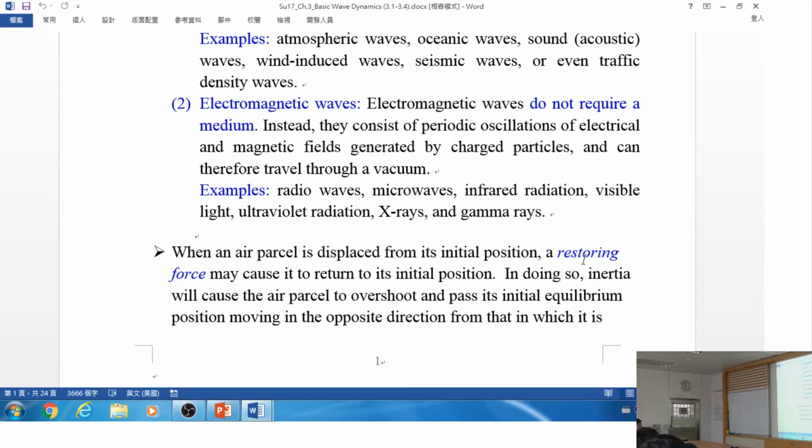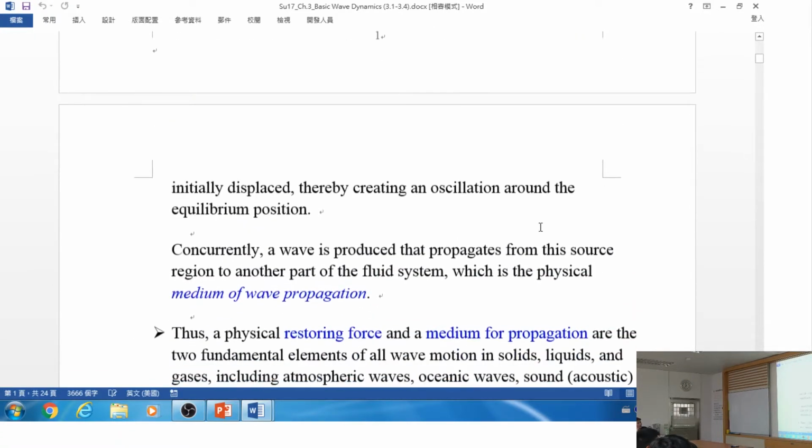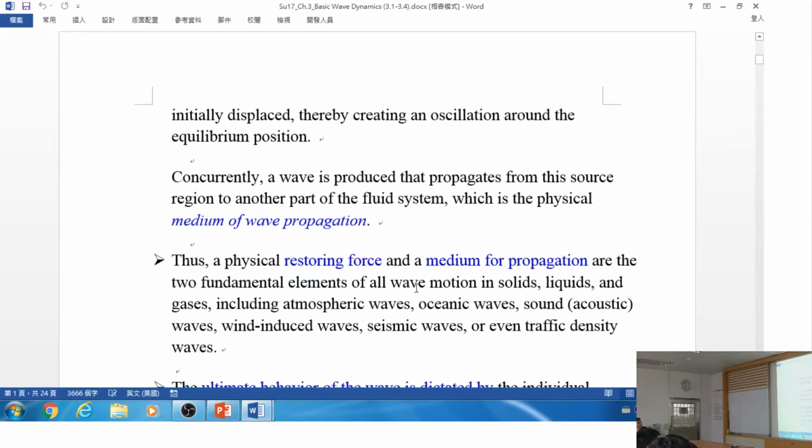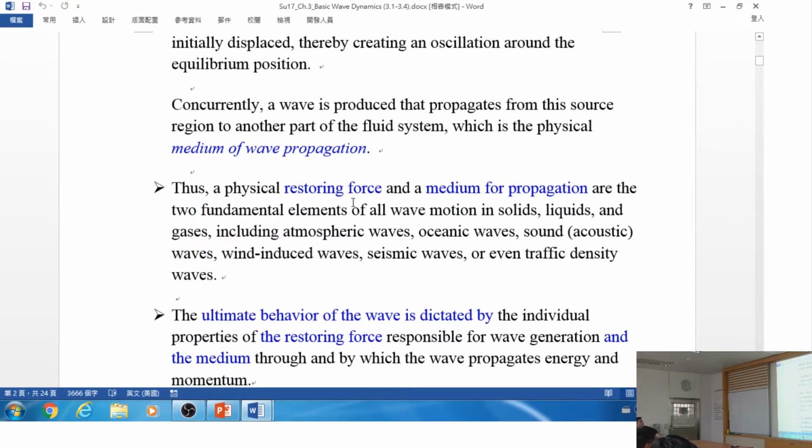You heat it up, it goes up, and then it becomes heavier because of expansion, and that buoyancy force brings it down. You need that to bring it back to the origin. Those are pretty basic. In the waves we are treating, atmospheric waves, mesoscale waves, mountain waves, we need a medium, and that's air.